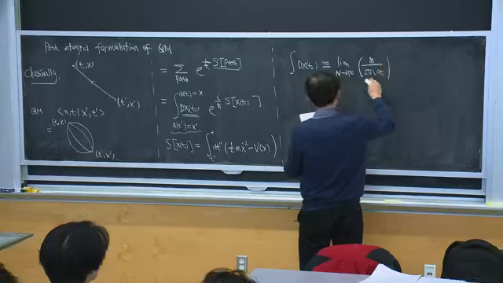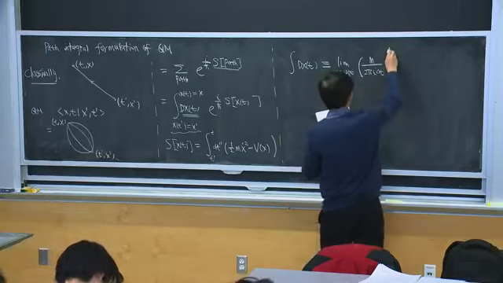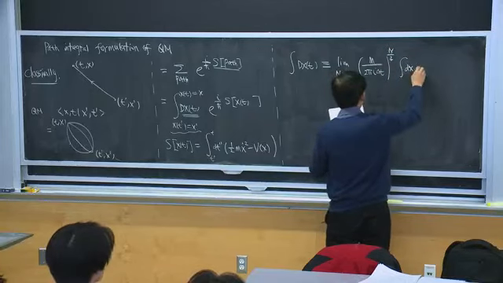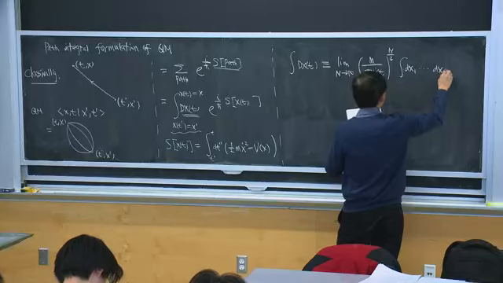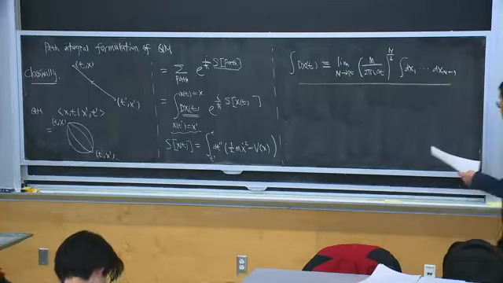Essentially you divide your path into intervals of delta t, and then you integrate over all possible paths.